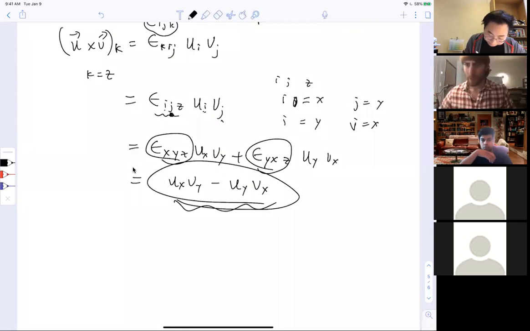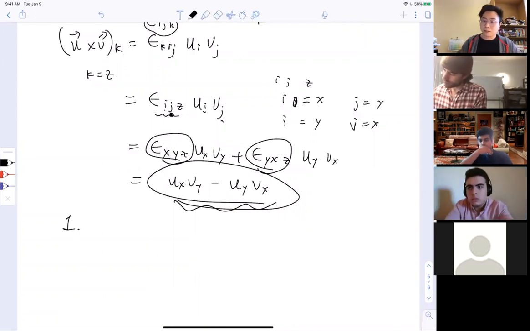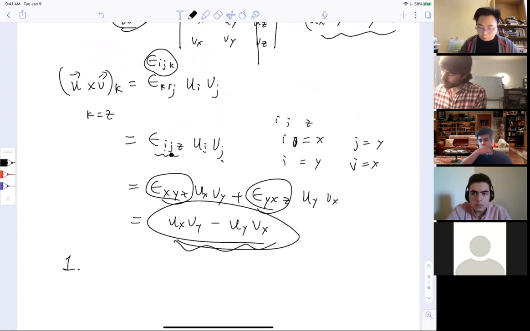There are several advantages over this kind of vector notation. One is that it's a more compact way to express the equations.